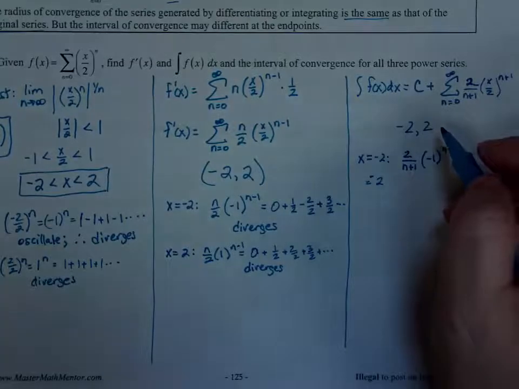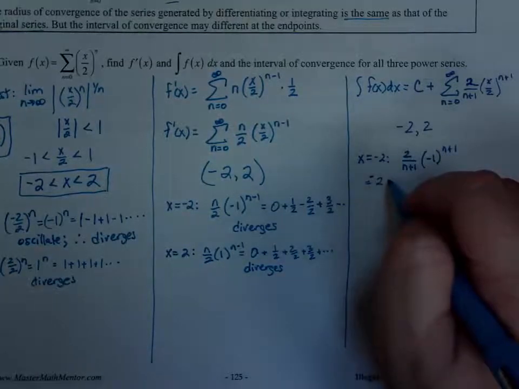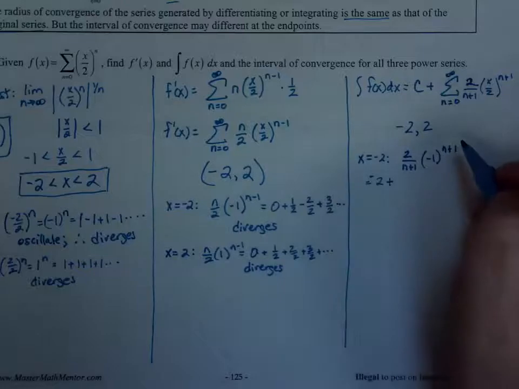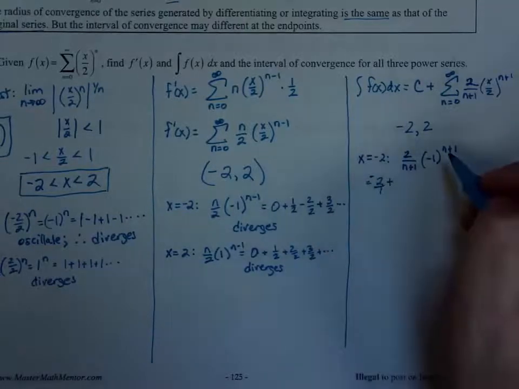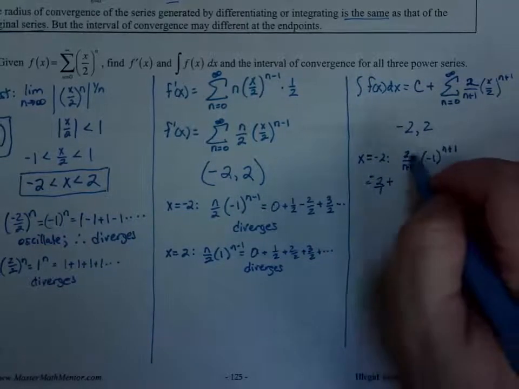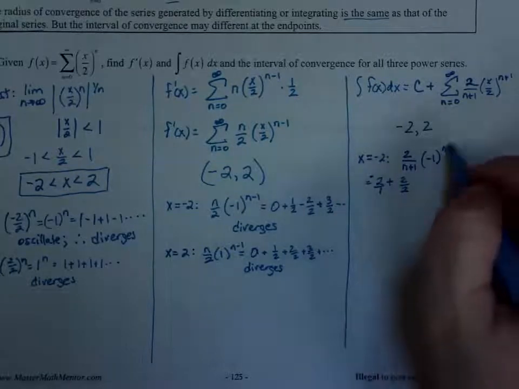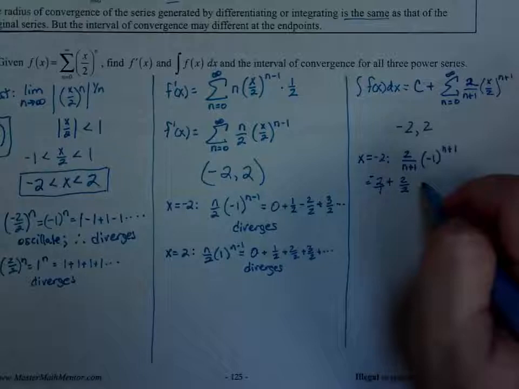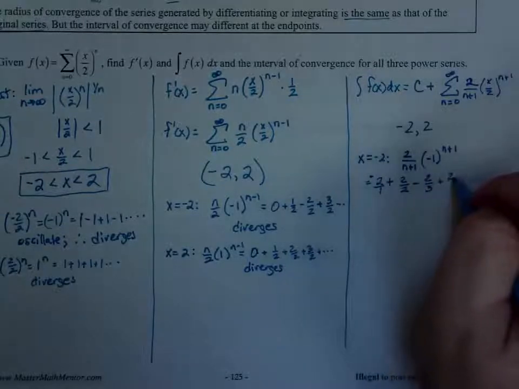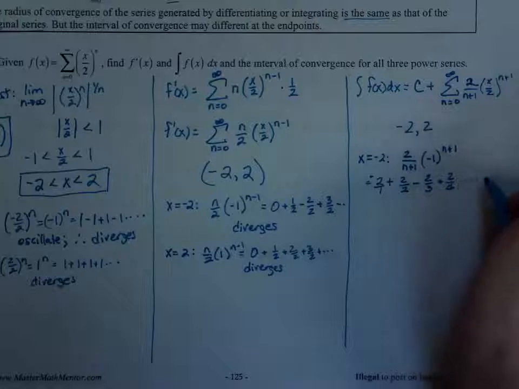First term is -2. So if the first one's negative, second one's positive, and that's 2 over 1. No, yes. Now it's going to be 2 over 2. Remember that the -1 is just making it oscillate. So we'll have -2 over 3 plus 2 over 4 and so on.